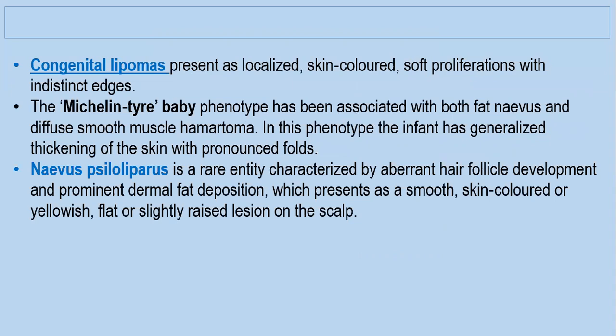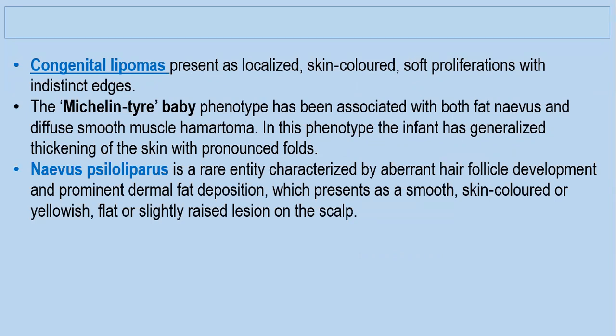Then congenital lipomas are present as localized, skin-colored, soft proliferations with indistinct edges. The McCune-Albright baby phenotype is associated with both fat nevus and diffuse smooth muscle hamartomas. In this phenotype, the infant has generalized thickening of skin with pronounced folds.